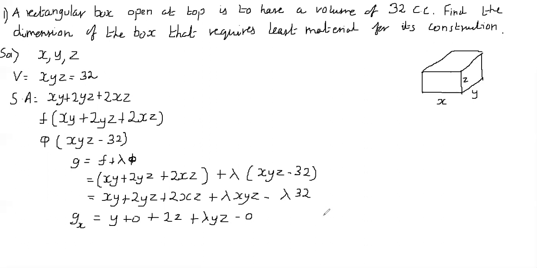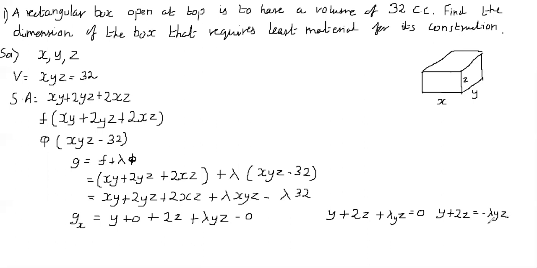So this can be written as y plus 2z plus lambda yz, and in this we have to equate gx equal to 0. So ultimately we have y plus 2z equal to minus lambda yz.